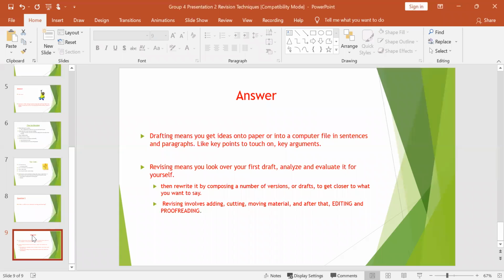Revising means you look over the draft, reevaluate, and analyze to make sure what you're trying to say is clear. As we touched on in this PowerPoint, that's what revising means: rearranging your essays and making it flow correctly. Revising involves adding, cutting, and moving material, and editing and proofreading would come next.